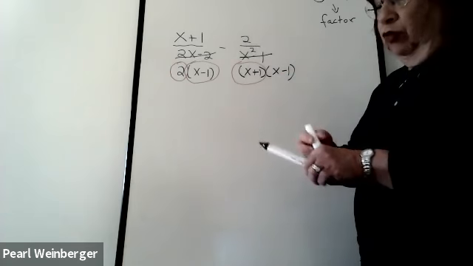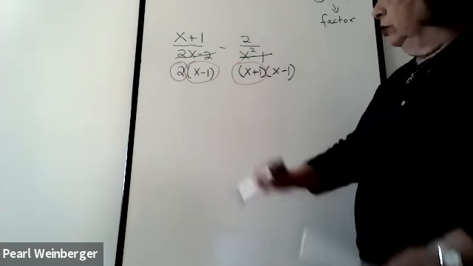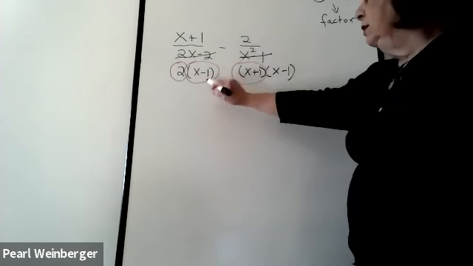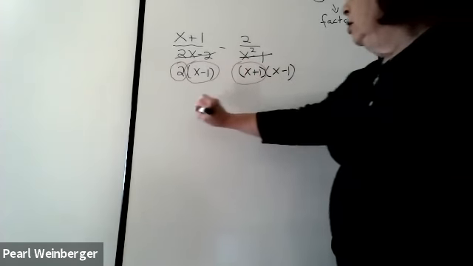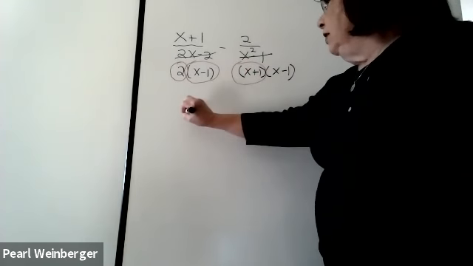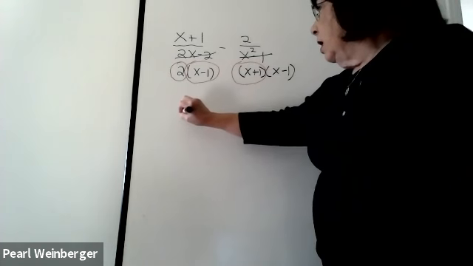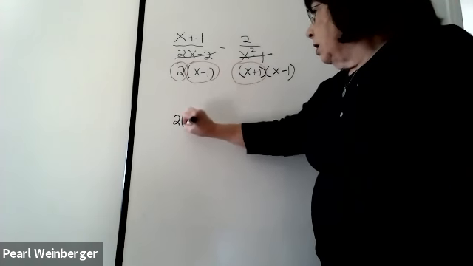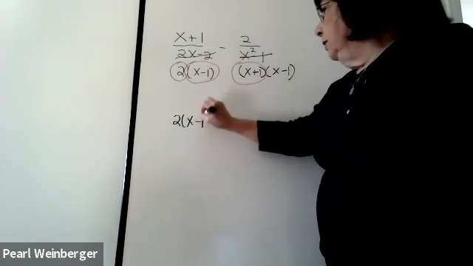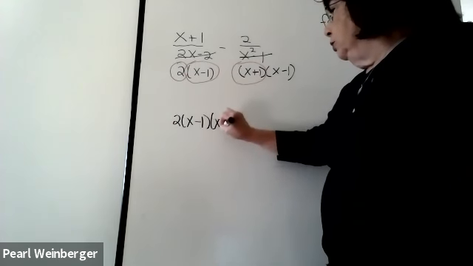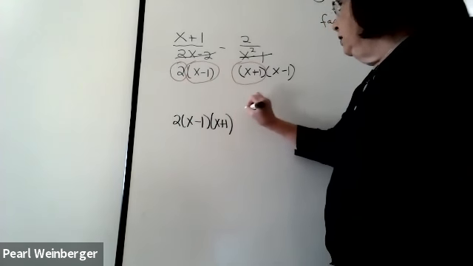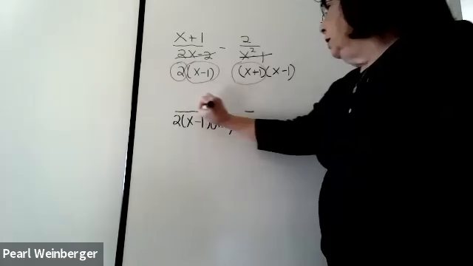So I look at all the things that I circled, the 2, the x minus 1, and the x plus 1, all of those together, the 2, the x minus 1, and the x plus 1, is going to be my common denominator.